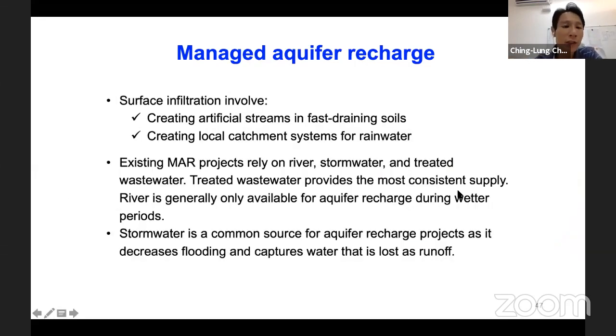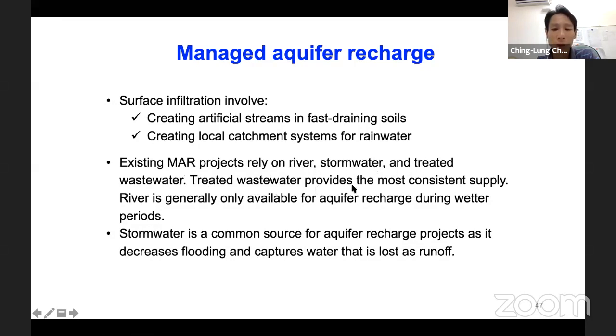And then the surface infiltration involves creating an artificial stream in fast draining soil, and also creating a local catchment system for the rainwater. Existing managed aquifer recharge projects rely on river water, stormwater, and treated wastewater.